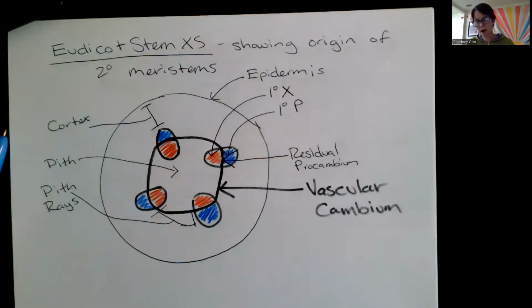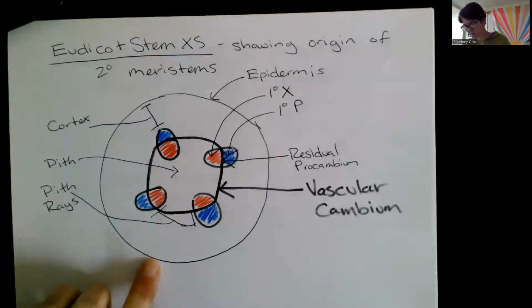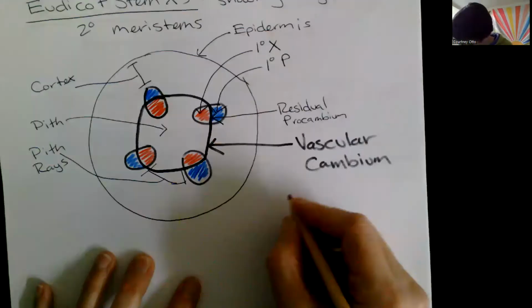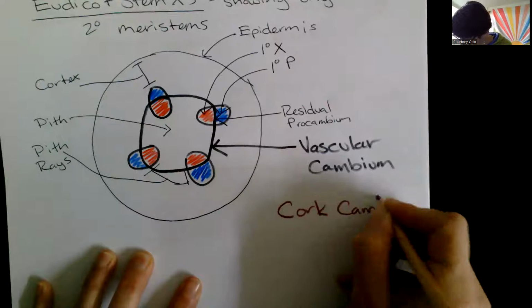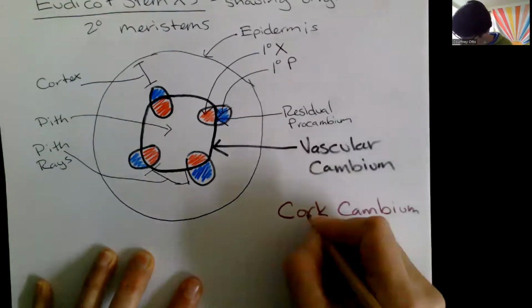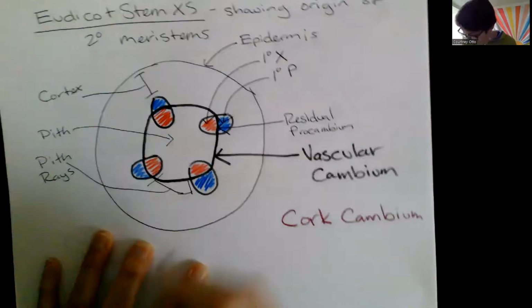Well, our other secondary meristem is something called the cork cambium. And we'll add it to our list in just a second, but I want to show physically in space where it's going to originate. That cork cambium is going to originate from the outermost layer of cortex. So right there's our epidermis. If we just move in one cell layer, that's where our cork cambium is going to come from. So that's going to form from the outermost layer of cortex.